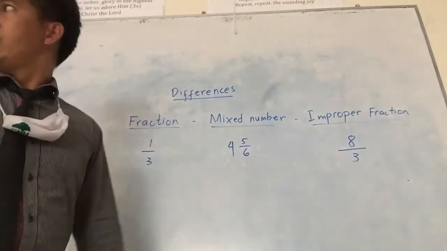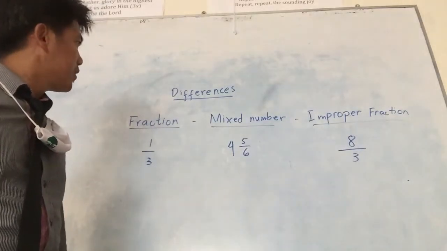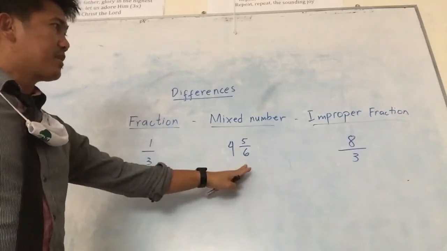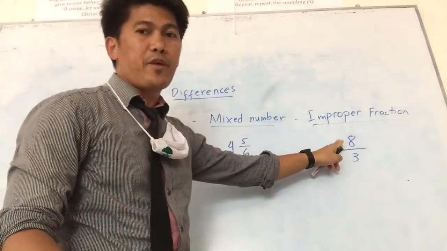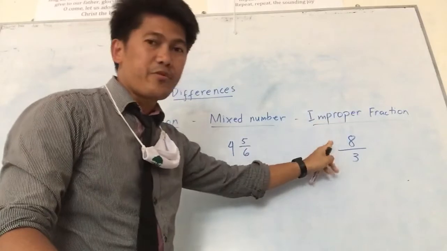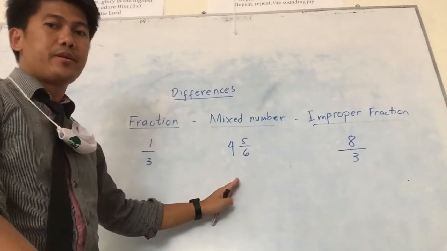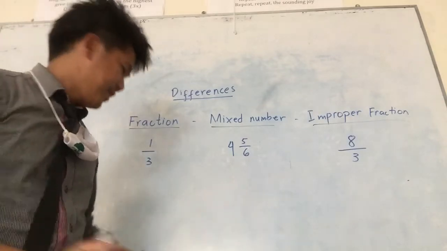Okay? So now that you know, I want you to know that a mixed number can be written into an improper fraction, and an improper fraction can be written into a mixed number. So let's get started.